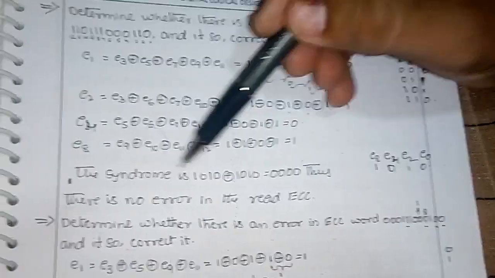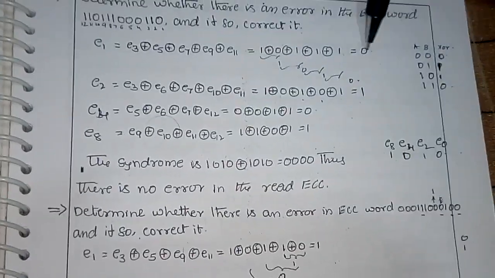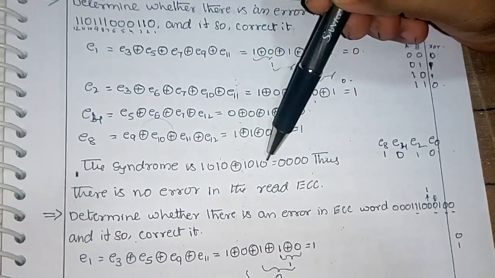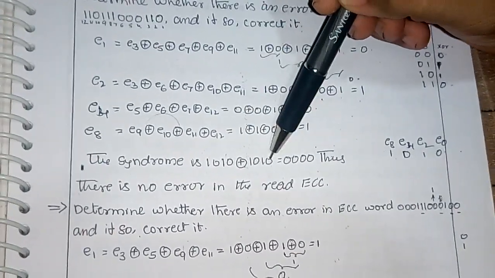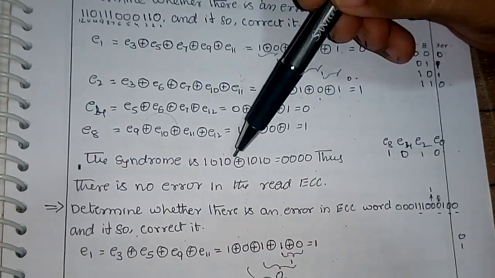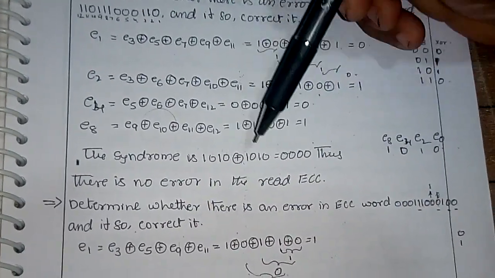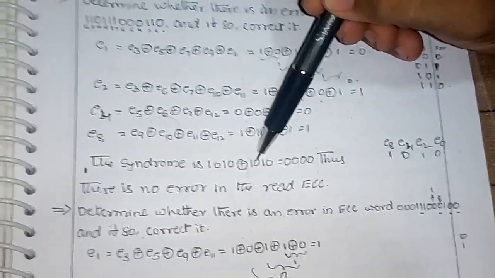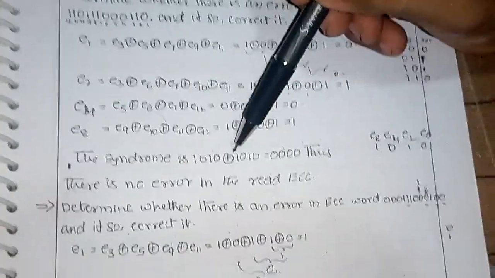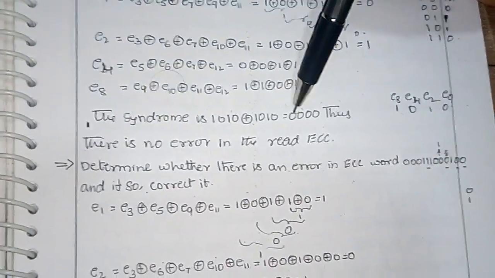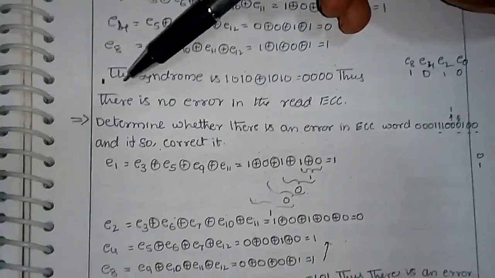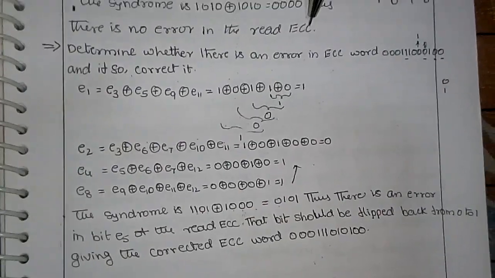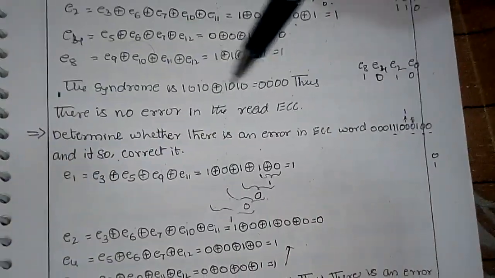The syndrome is whatever error is generated. When we carry out the XOR, 0 XOR 0 gives 0, 1 XOR 1 gives 0, 0 XOR 0 gives 0, and 1 XOR 1 gives 0. Thus, it means that there is no error in the ECC; no error has occurred.